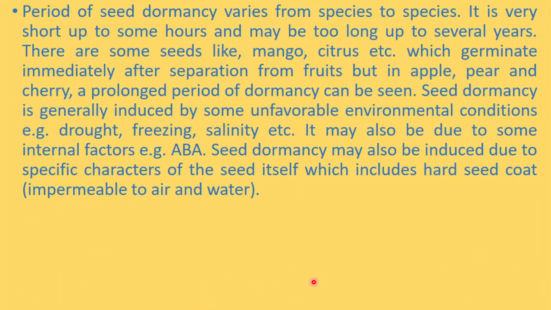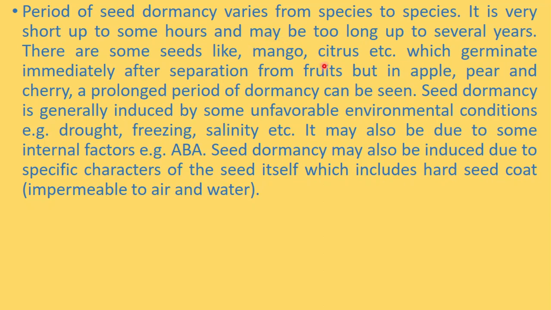Now the period of seed dormancy varies from species to species. In some species it is a very short period, and in some species dormancy is of long period. It may be very short, up to some hours, and may be too long, up to several years. There are some seeds like mango, citrus, etc. which germinate immediately after separation from fruits, but in apple, pear and cherry a prolonged period of dormancy can be seen.